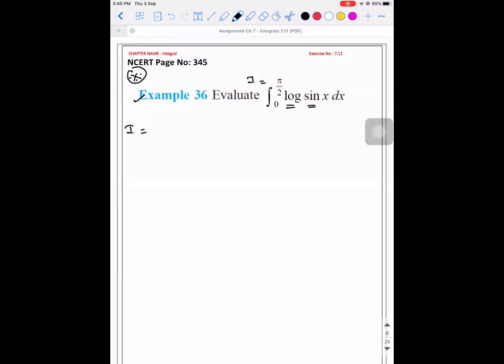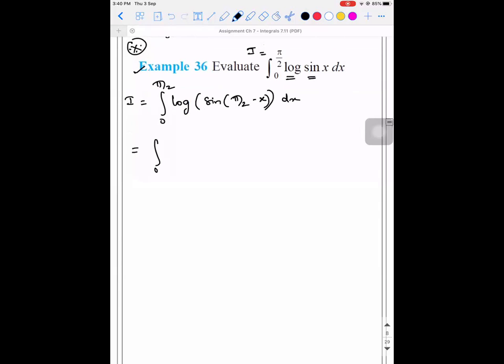So if I take the question to be I, then I will be equal to integral of 0 to pi by 2 log of sin pi by 2 minus x dx. I hope it's clear. So this will be integral of 0 to pi by 2 log of sin pi by 2 minus x, which is cos x dx. Then what are we supposed to do?